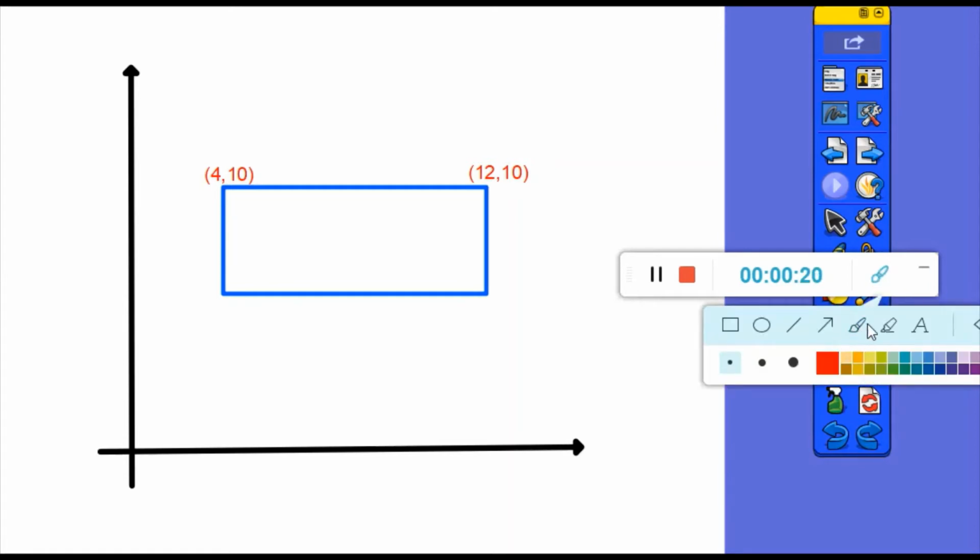So what we can tell though is we do have enough information to say things like, well, if this point here is 12 along on the x-axis, this point must also be 12 along on the x-axis. So this must be 12 something, and it must be a number less than 10 because it's closer to the x-axis than the other one. So this will be 12 something.